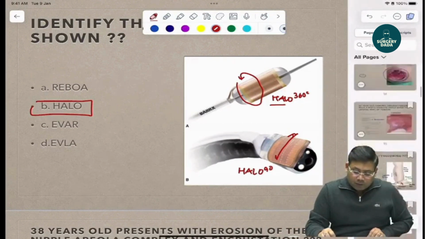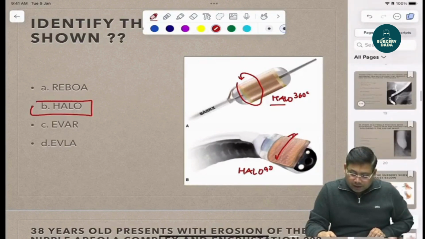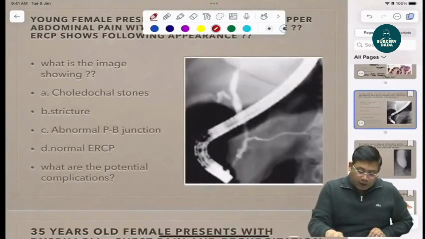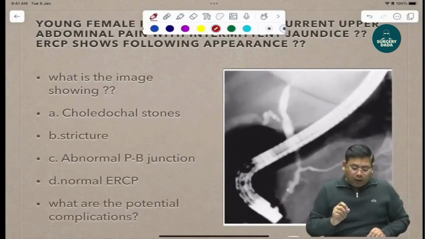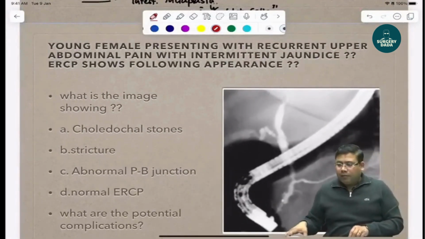Let us move forward and let us go to the next question. Let us see. So next question we have this. What can you see? A young female presenting with recurrent abdominal pain? What can you see?